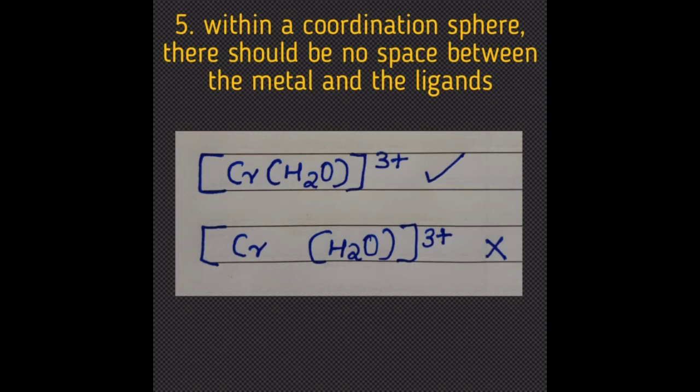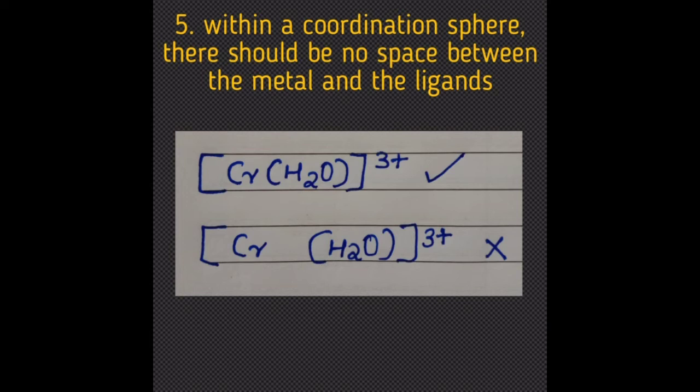Here I have given an example which you will understand very clearly. See [Cr(H2O)6]3+. Just after the metal ion or atom, the ligand is written. If there is one more ligand, that ligand is also written closely without any space in between.